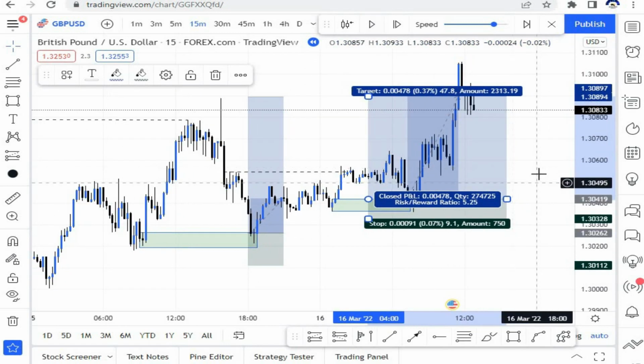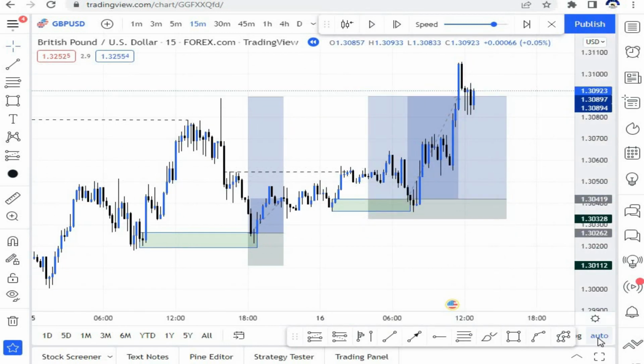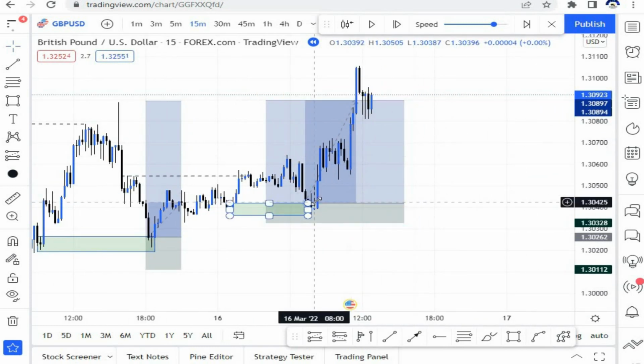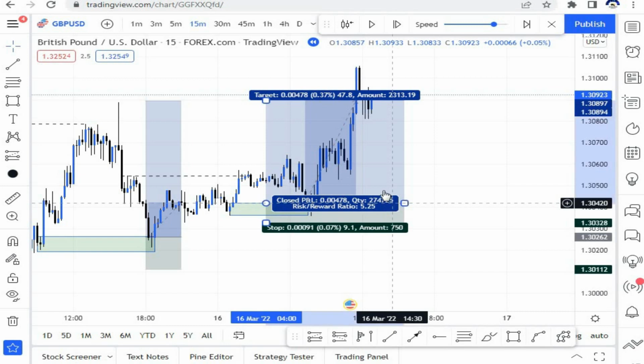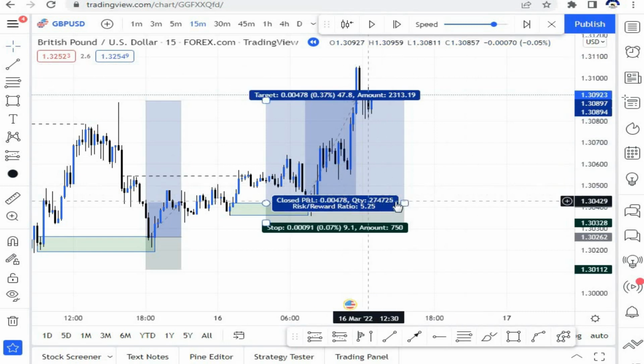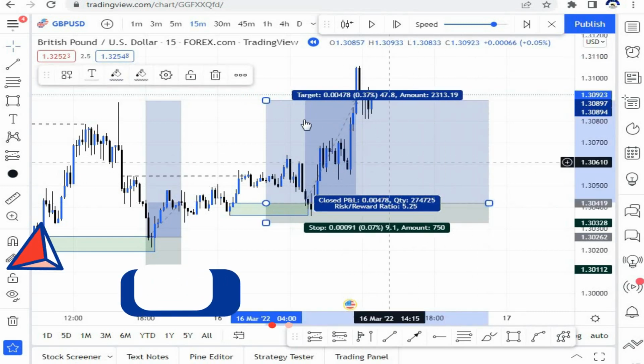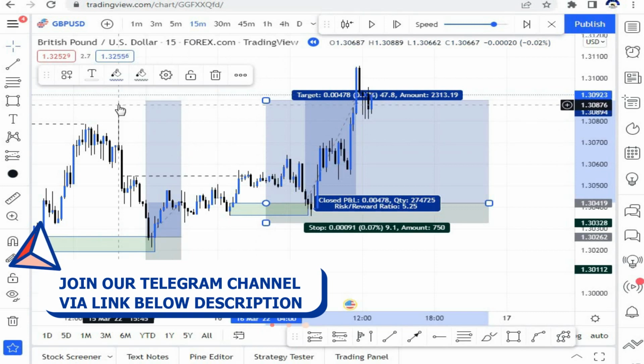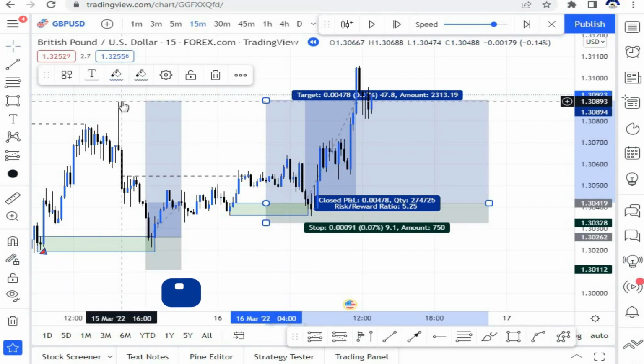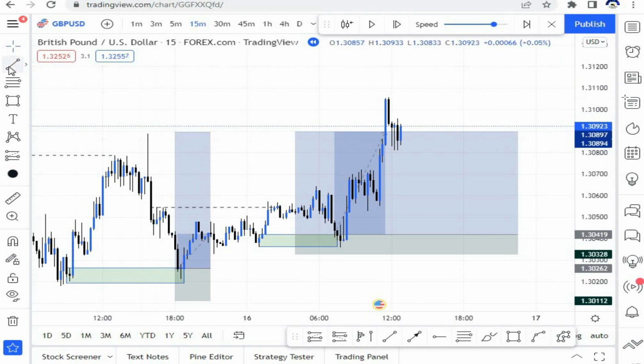Now, as you can see, guys, the price has taken out the structure right there, and this zone area was never tested, right? Meaning we'll continue using this because now the first target was taken out, as we are looking for a continuous trend right there.